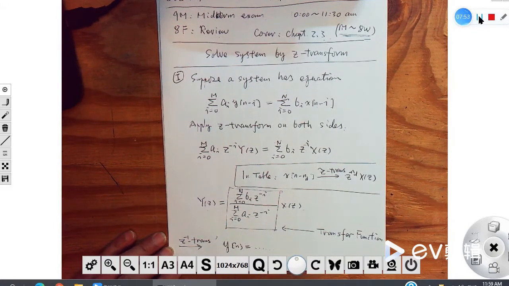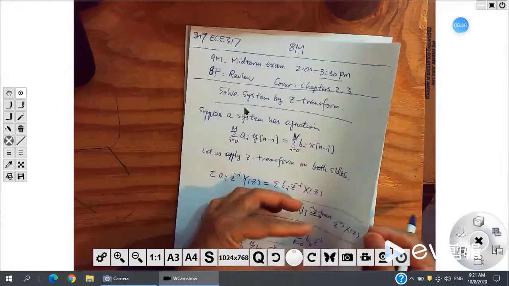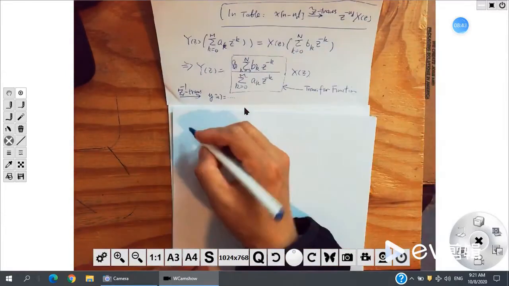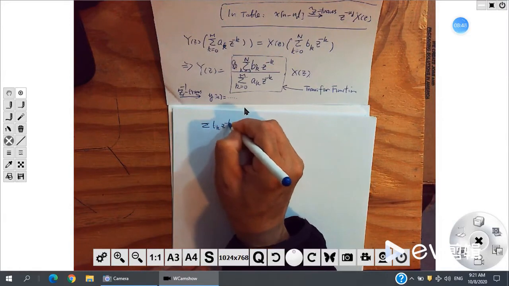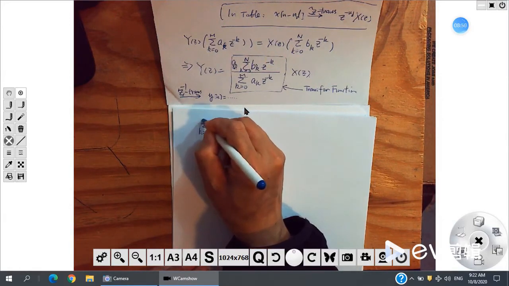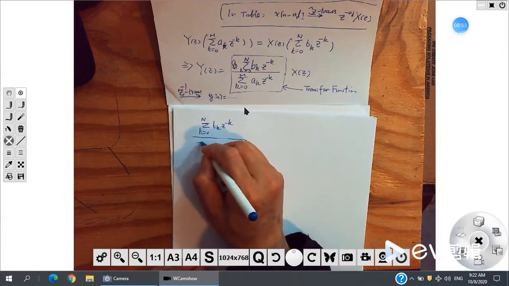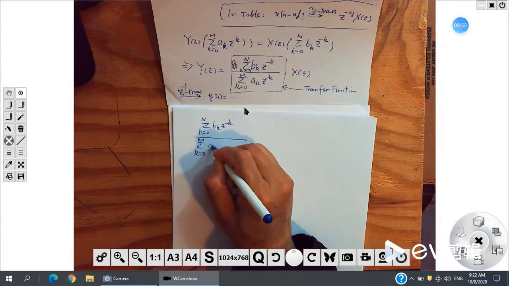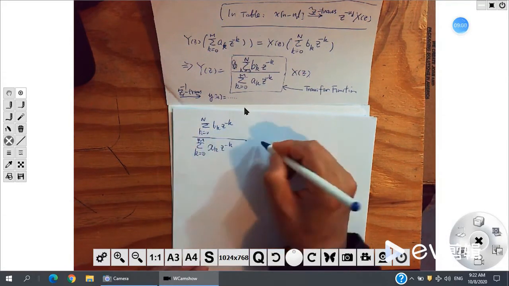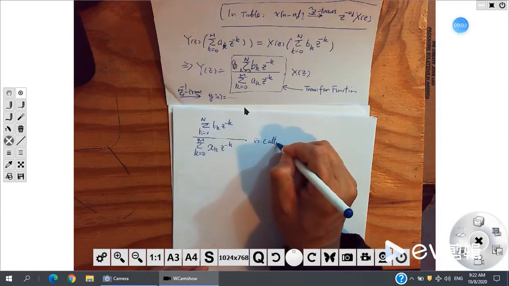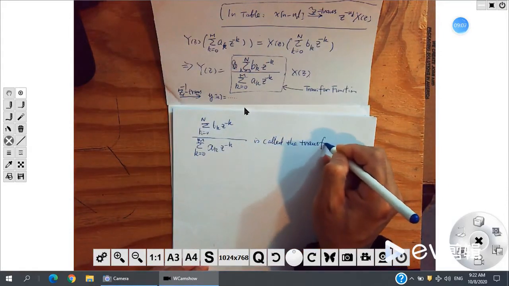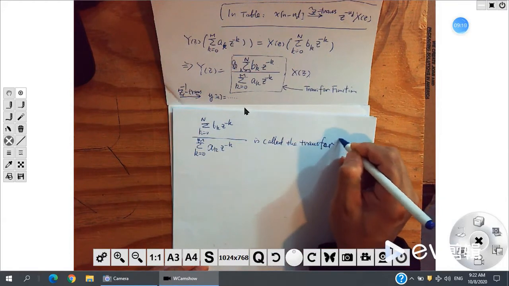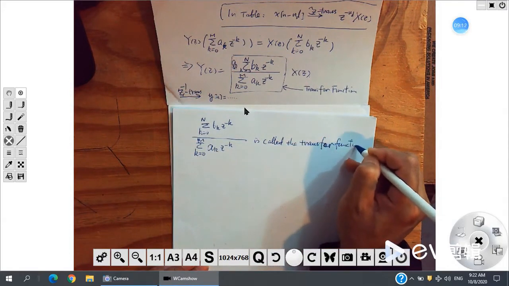You can have y of n. The summation of b_k z to the negative k, k running from 0 to n, over the summation of a_k z to the negative k, k running from 0 to m, is called the transfer function of the system.